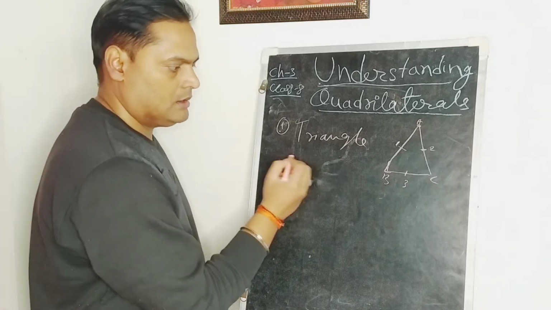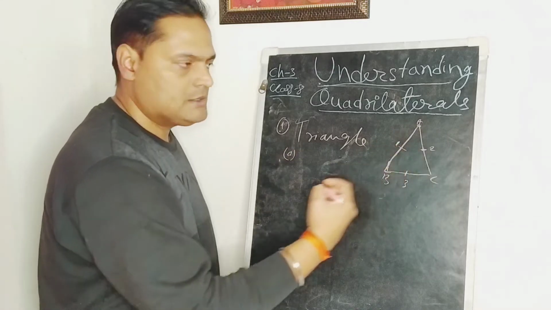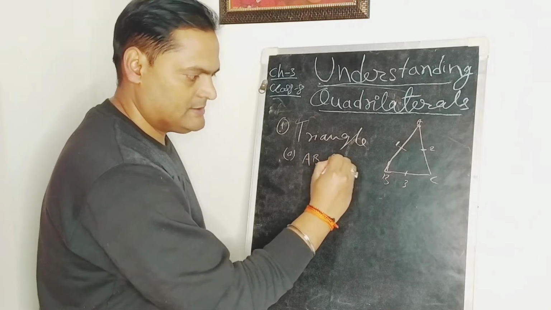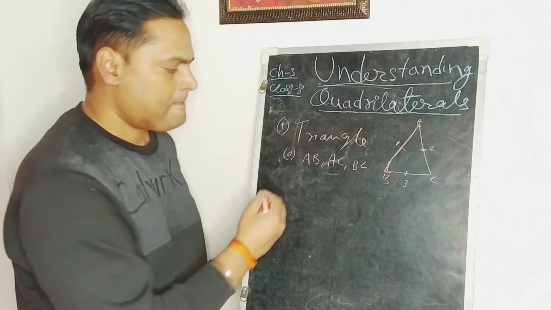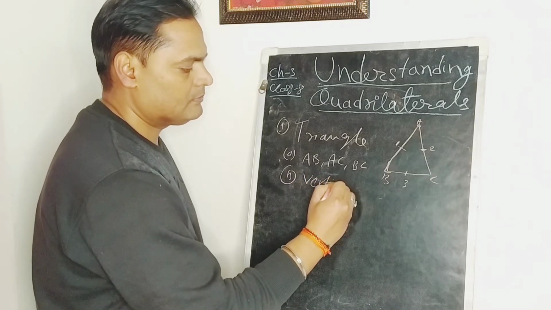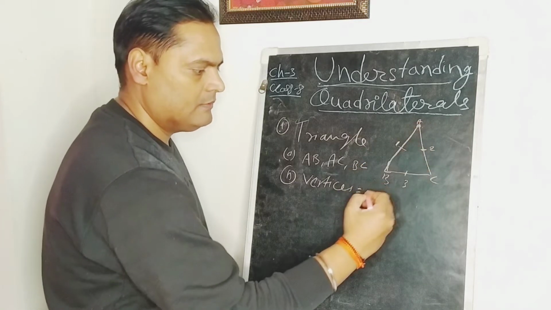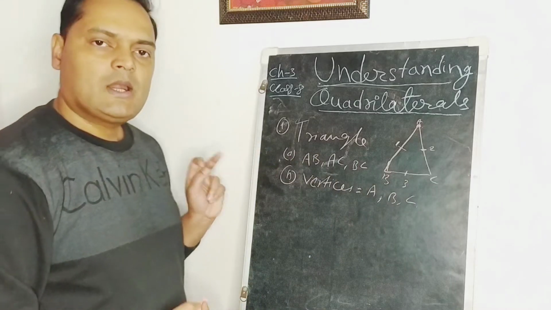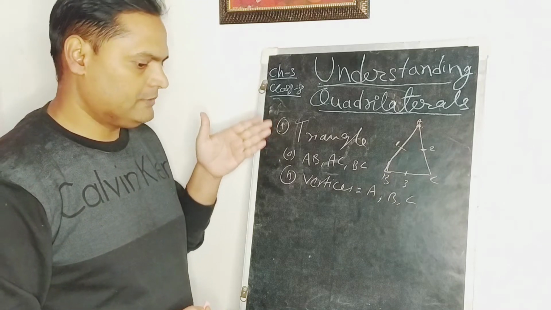The classification of these polygons is, first, the sides. Here the sides are AB, AC and BC. And if I talk about the vertices, here they are vertex A, vertex B and vertex C. So these two conditions satisfy the property of classification of polygons.